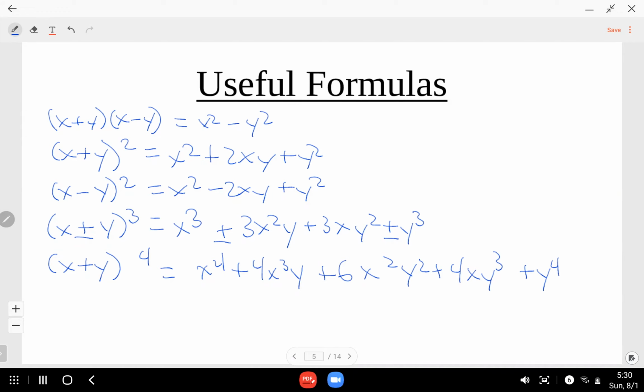And you see here, what do we have? Let me write out a basic Pascal's triangle here. What we have here is extremely similar to Pascal's triangle.